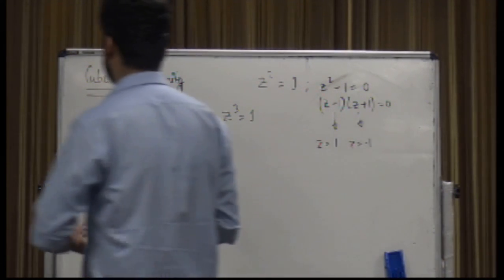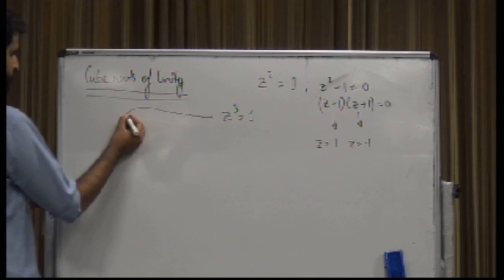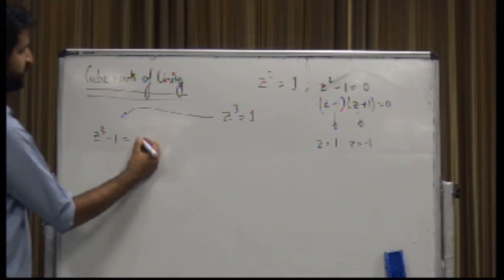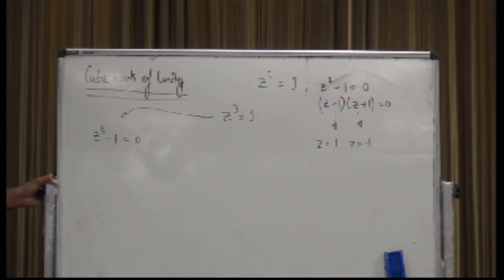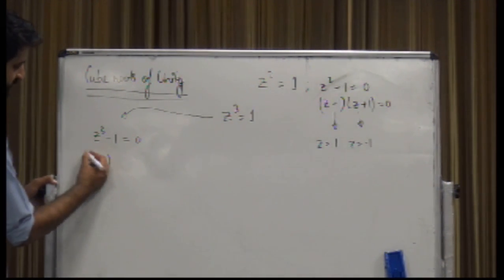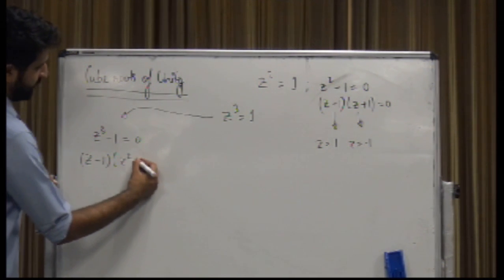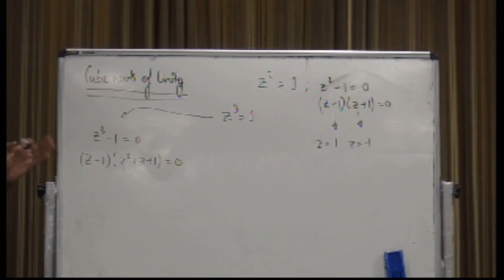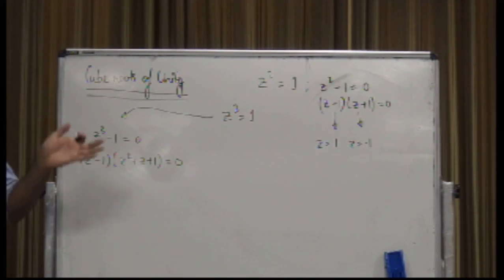So the simple way of doing this is z cube minus 1 is equal to 0. So this is z minus 1, z square plus z plus 1. This is a cube minus b cube is equal to a minus b, a square plus ab plus b square.